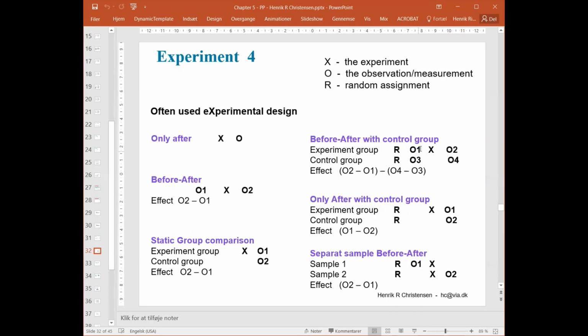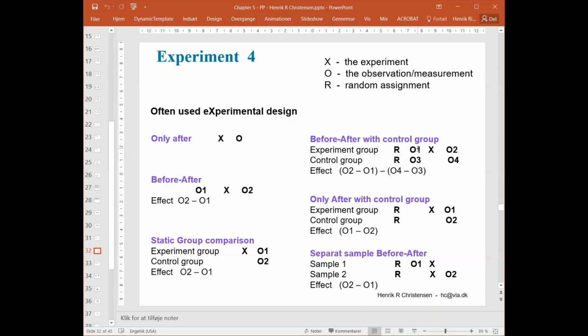And we do that with the experiment group. We do the experiment, measure again, and now we have 4 measures. So in order to figure out whether we actually have an effect of our experiment, we can calculate the direct effect by saying O2 minus O1.